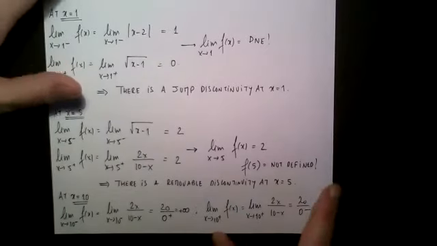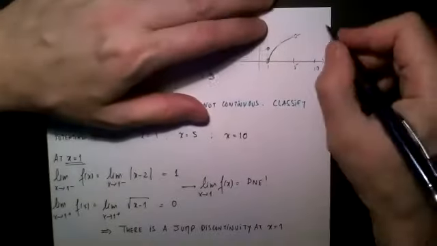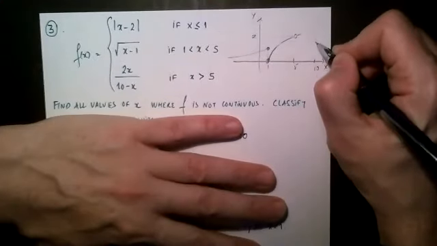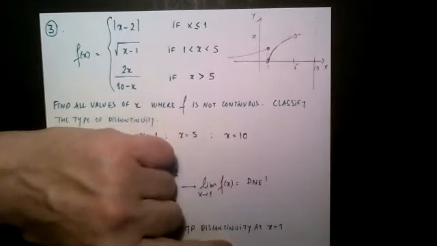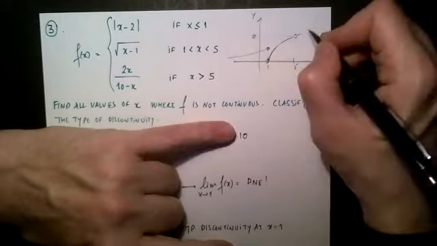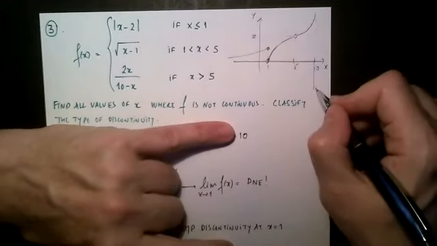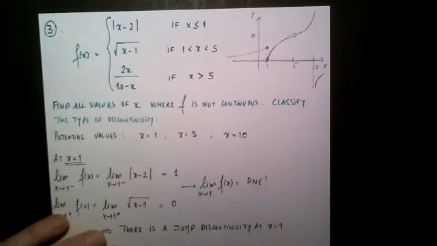Okay, so if I go back to my graph, what happens here? At 10, I seem to have an asymptote. As I'm approaching 10 from the left side, we said it was plus infinity. And if I approach 10 from the right side, it was minus infinity. So my graph looks something like this.